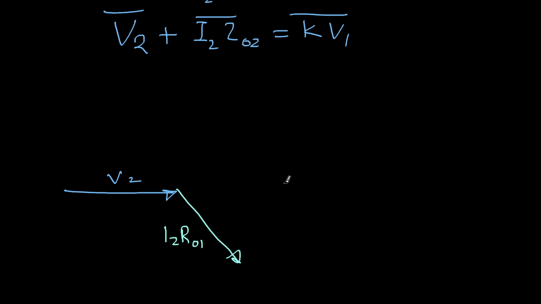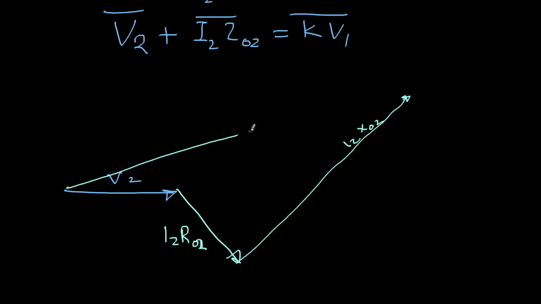So I'll directly write now R0 1, and this is I2 X0 1. Sorry, I'm sorry, R0 2 and X0 2. This and this point I am saying it is K into V1.